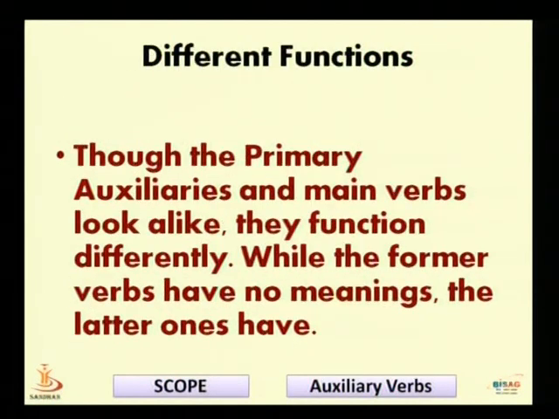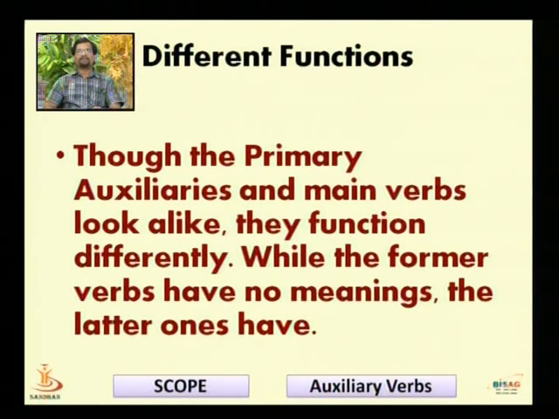In the next slide, friends, I gave you the example, and I will give you one more example. Though they seem alike, I mean the verb forms of do, have and be are alike in the main verb and in the auxiliary form. So they are the same, but the function is different.